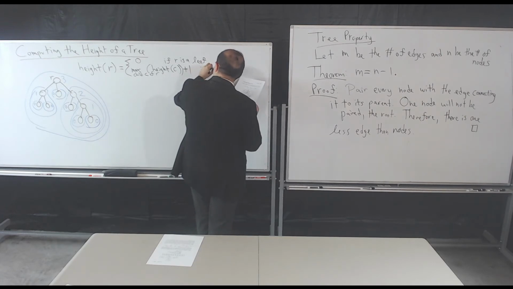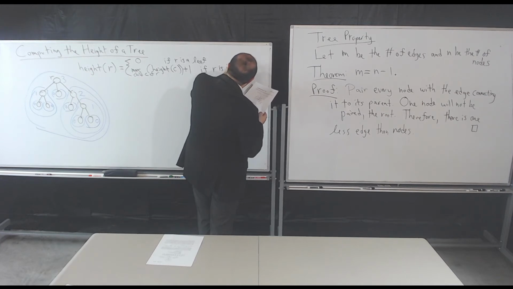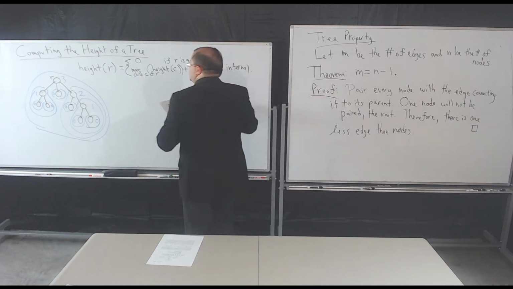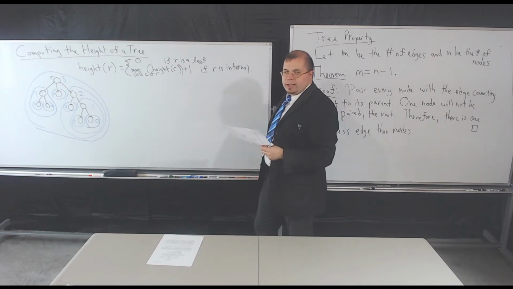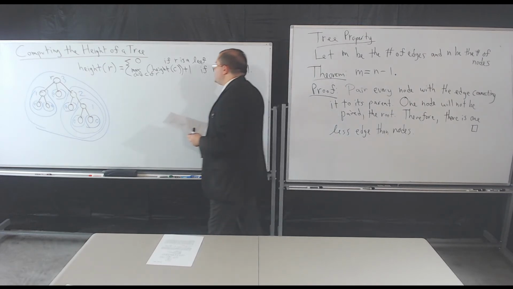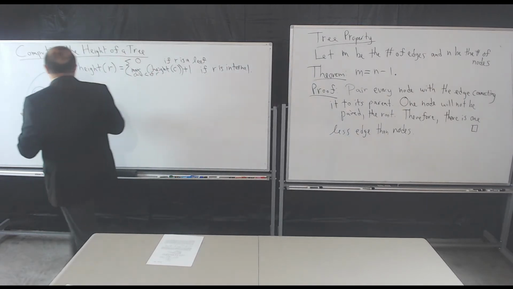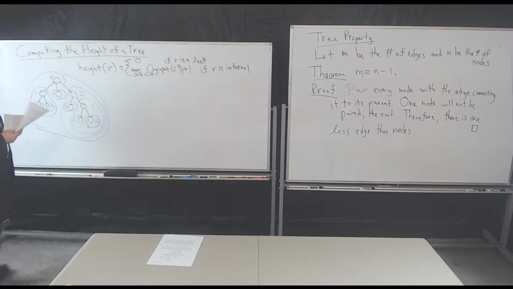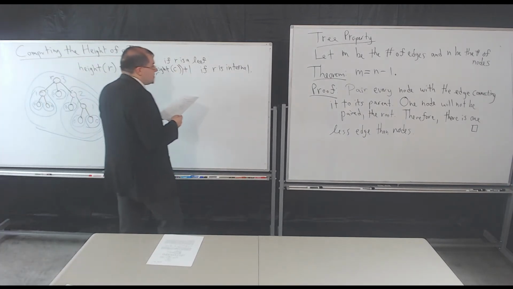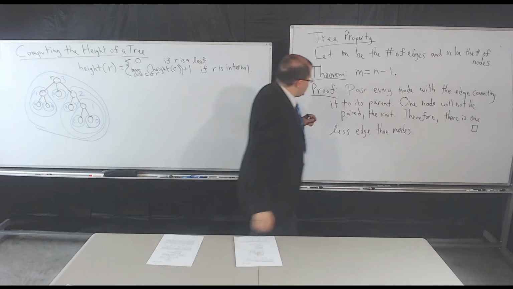So that's if R is internal. And those are the only 2 possibilities, right? So if I give you any node in this tree, I can compute the height recursively by doing this. So here's the algorithm. Let me write it over here.